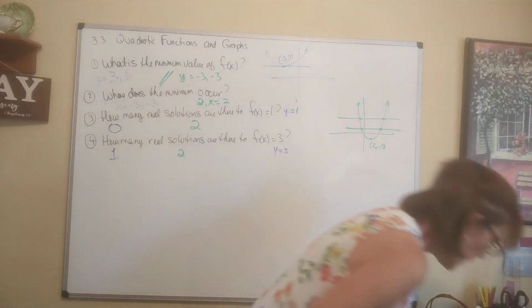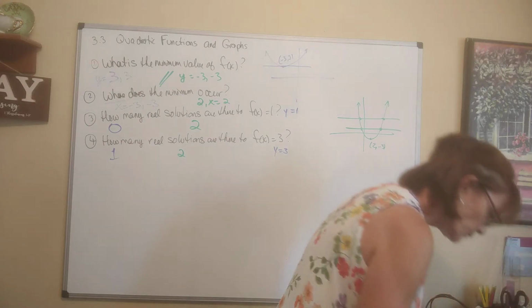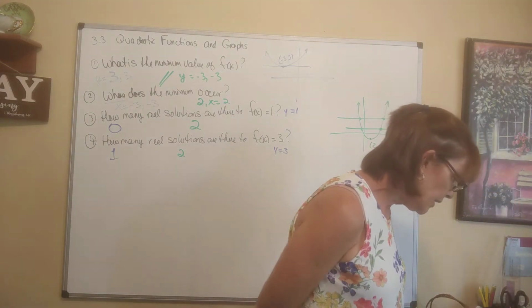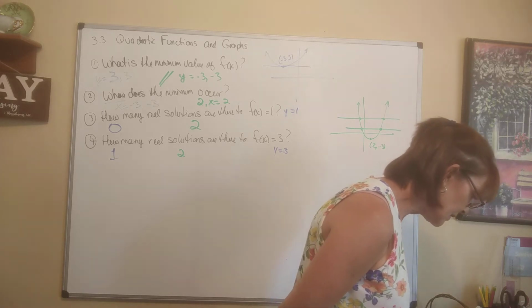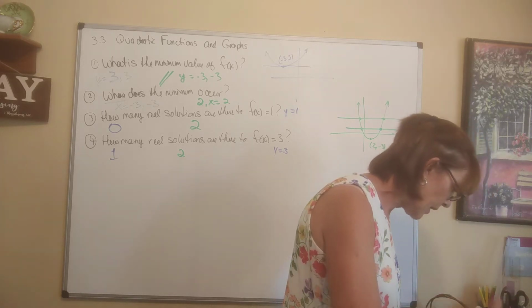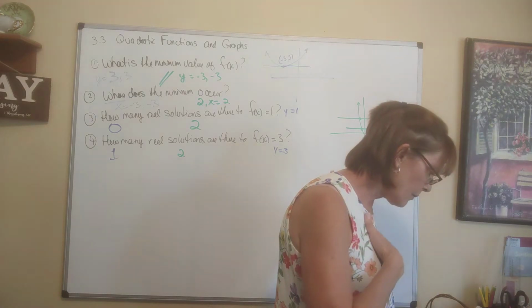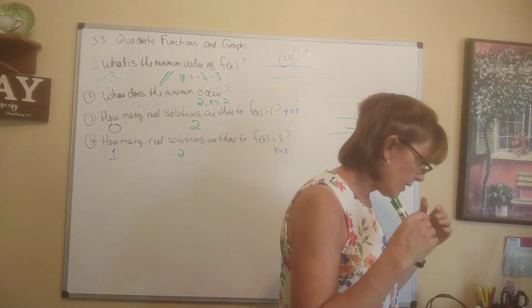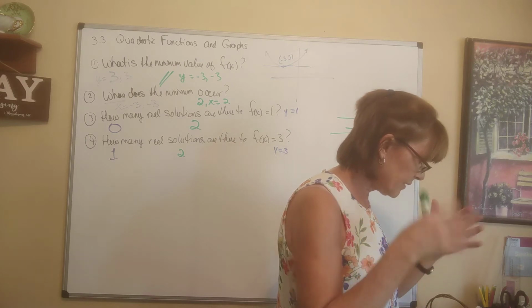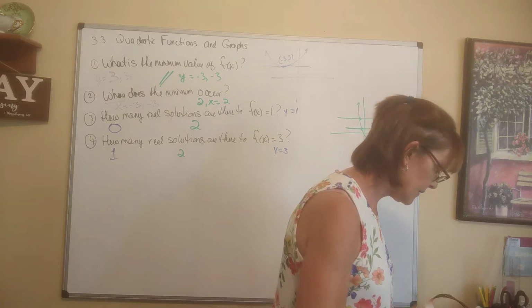Okay, next we have curve fitting. It says, find the equation of the quadratic function satisfying the given conditions. And they give you some hints about that. And so let's look at 55. We have to write the equation of this parabola given this information.